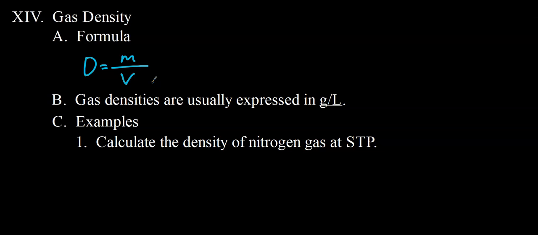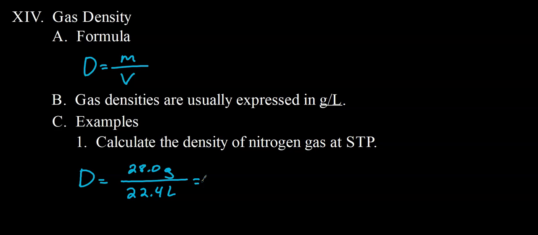So if you have 1 mole of nitrogen gas, what is the mass of the nitrogen? Well, that would be 28.0 grams. And if you had 1 mole of nitrogen gas at STP, what would its volume be? That's right, 22.4 liters.